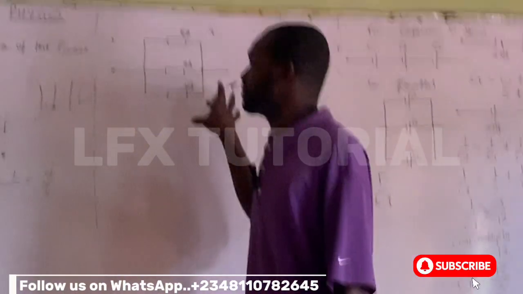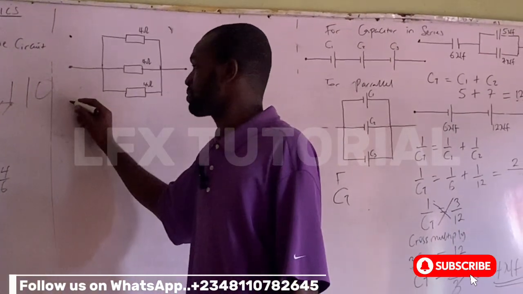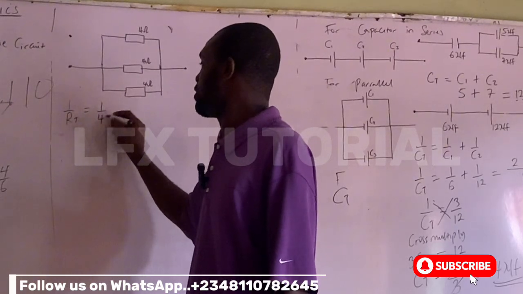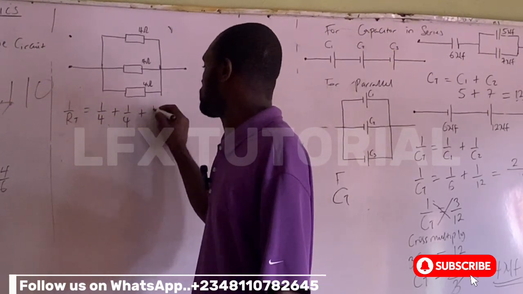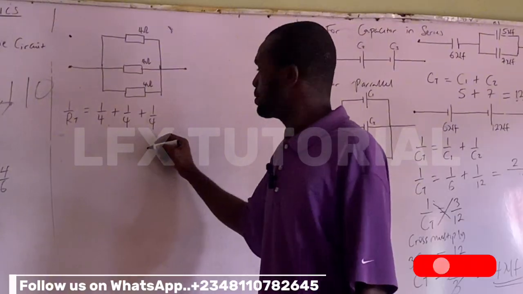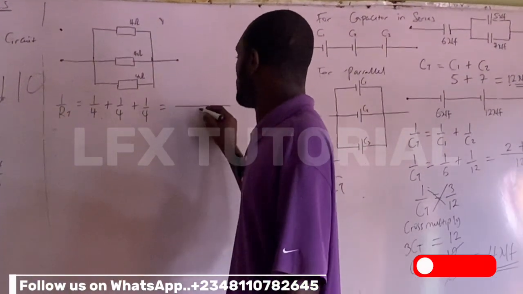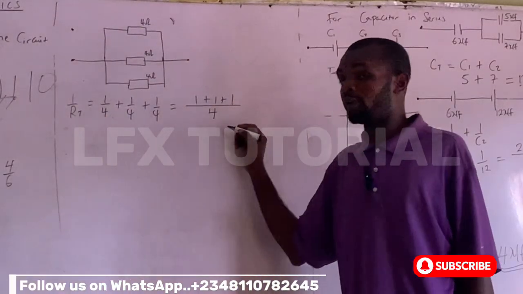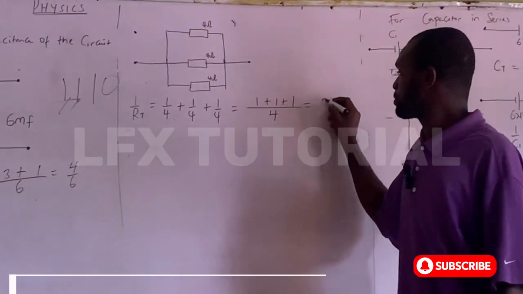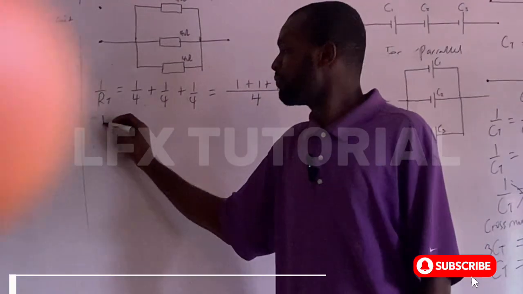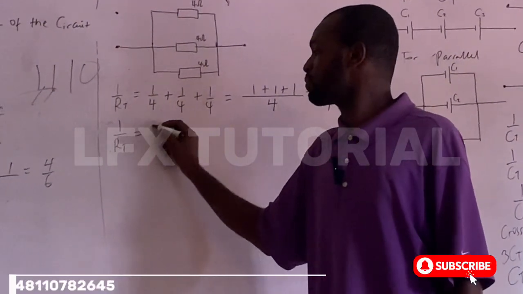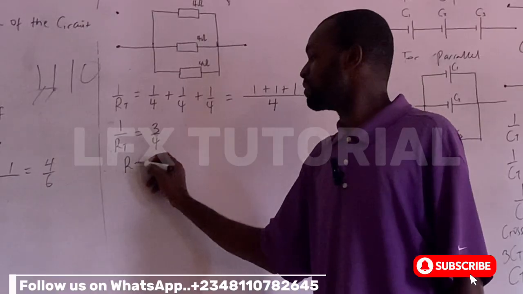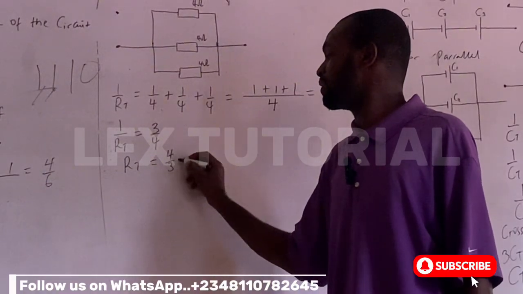Resistors in parallel, what is it? 1 over RT is equal to 1 over 4 plus 1 over 4 plus 1 over 4, right? Which is equal to 1 plus 1 plus 1 over 4. True or false? Which is equal to what? 3 over 4. Now, if 1 over RT is equal to 3 over 4, therefore RT is equal to what? 4 over 3 ohms.